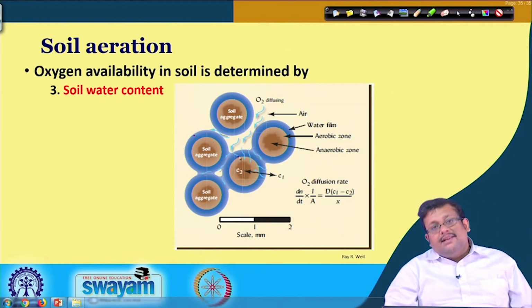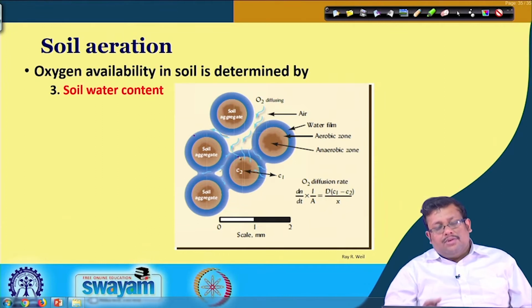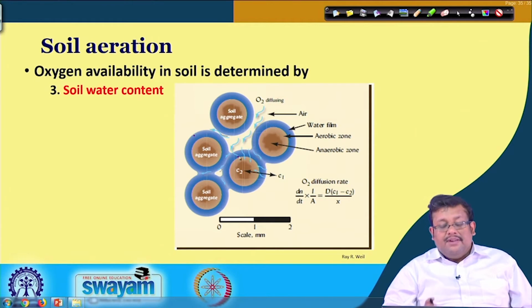So if the soil has more interconnected macropores, oxygen will diffuse into the soil atmosphere more readily than when water is present, because through a water medium, oxygen diffuses very slowly.